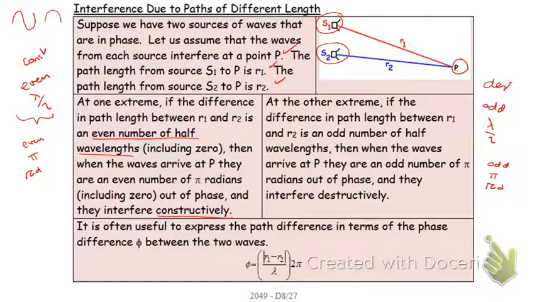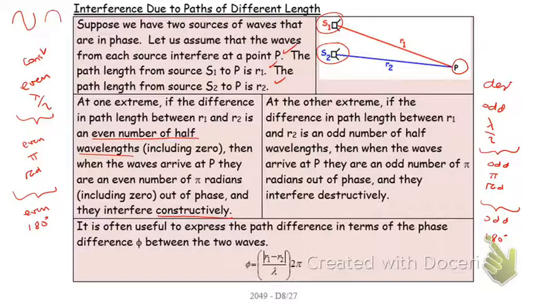I'm just taking a wavelength as 2 pi radians, so half a wavelength is pi radians. And I can even talk about it in terms of an even number of 180 degrees and an odd number of 180 degrees. It's all saying the same thing. Agreed?